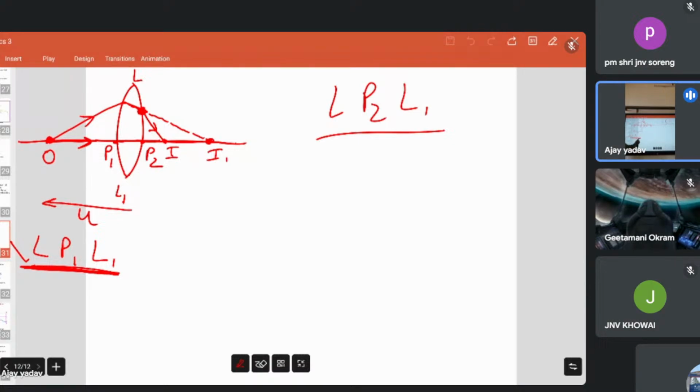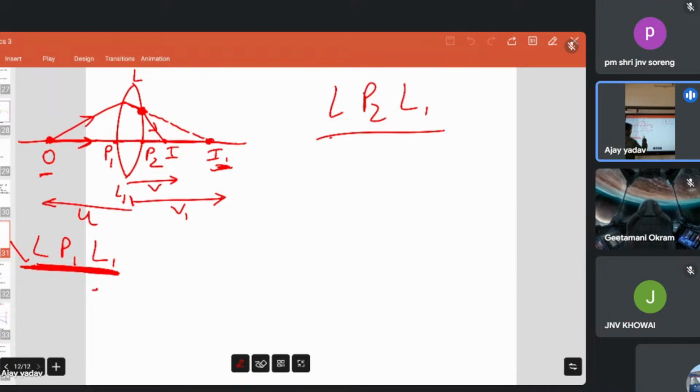If we take the surface L P1 L1, O is the object and I1 is the image. If we take the surface L P2 L1, I1 acts as a virtual object and I is the final image. From the optical center to I1, consider this distance V1, and from the optical center to I, consider this distance V. Now we have to derive the relation.